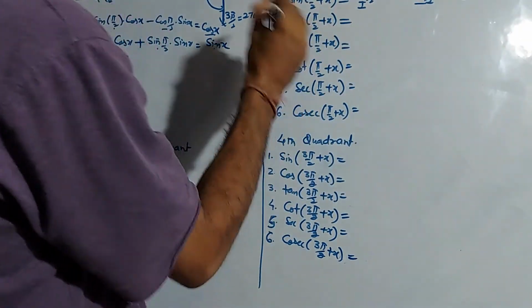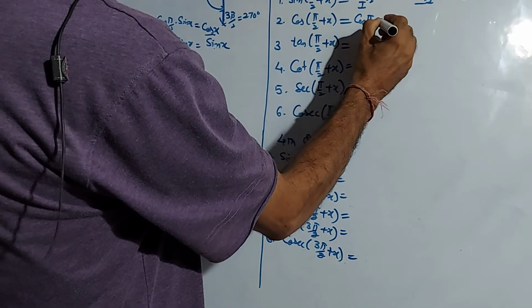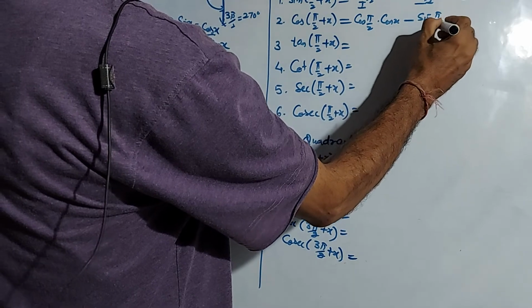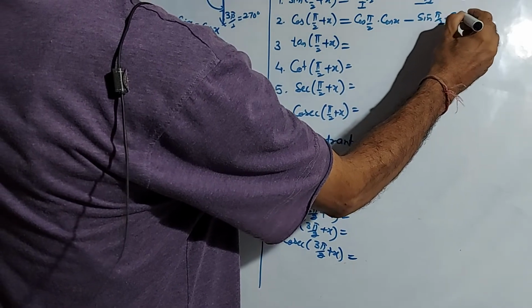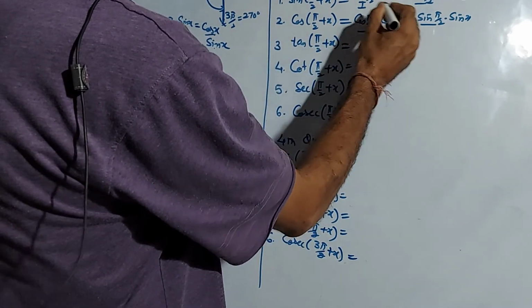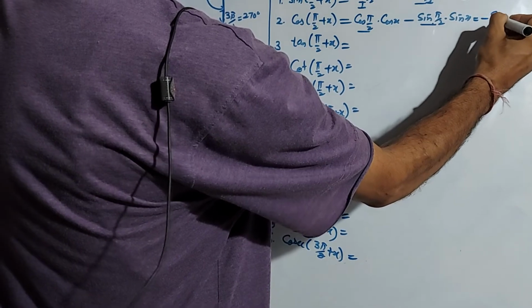And here cos(pi by 2 plus x) is cos pi by 2 into cos x minus sine pi by 2 into sine x. Again sine pi by 2 is 1 and cos pi by 2 is 0, so this becomes 0, and this becomes minus 1 into sine, which is minus sine x.